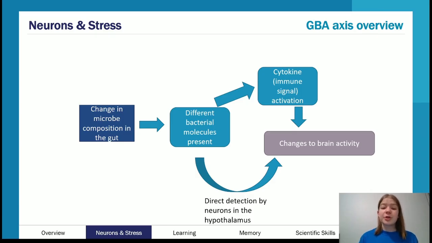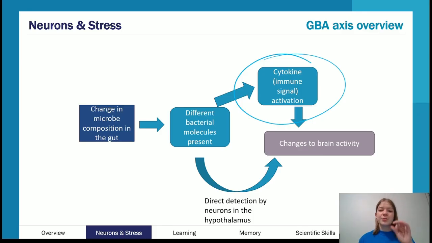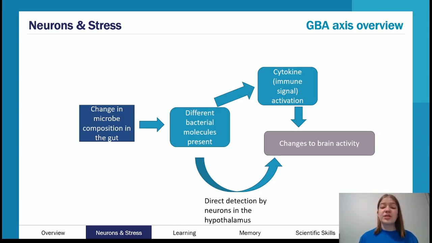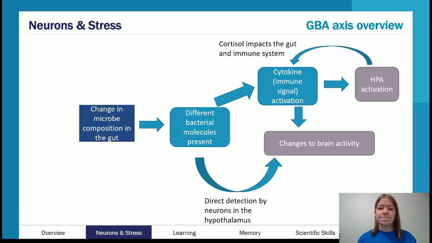These bacterial molecules can be directly detected by neurons in the hypothalamus, thus affecting the brain. We can also have our cytokines, which are proteins used by the immune system to send signals, altered due to these bacterial molecules being present. And then those cytokines have an influence on brain activity.